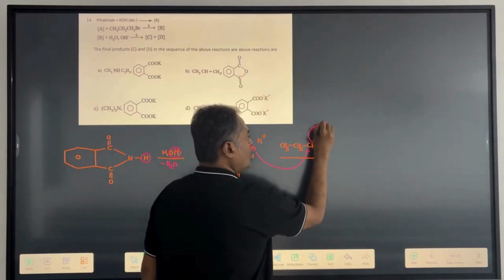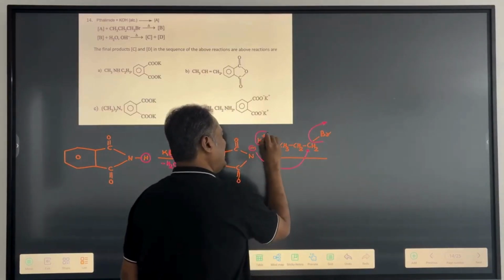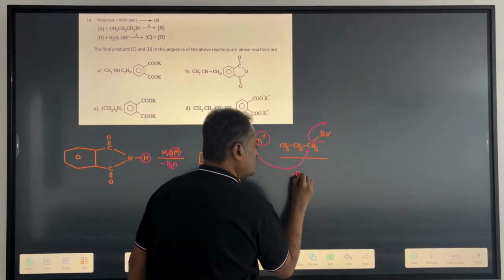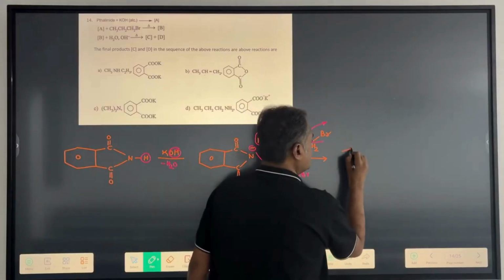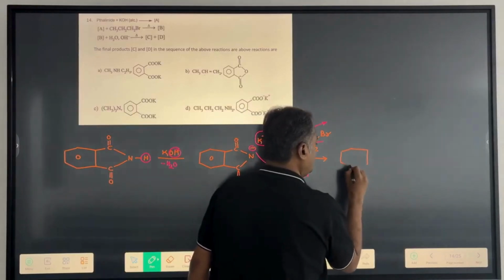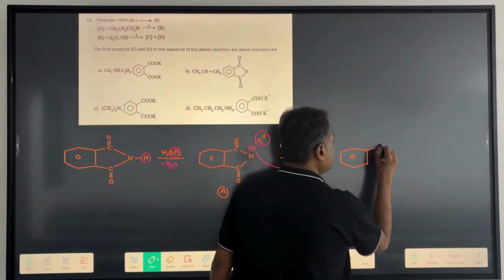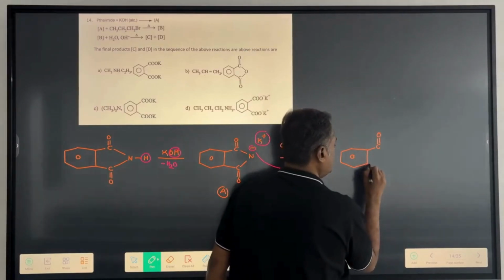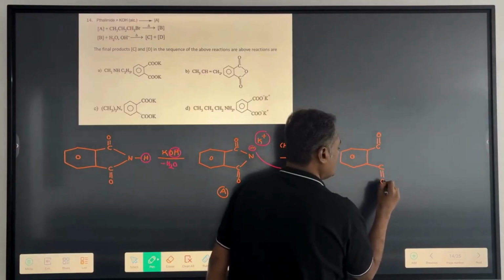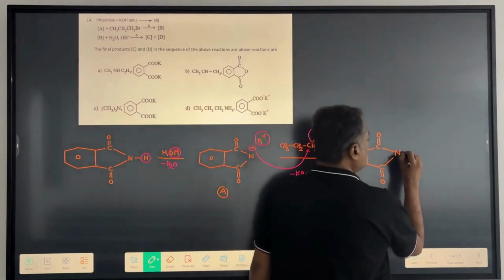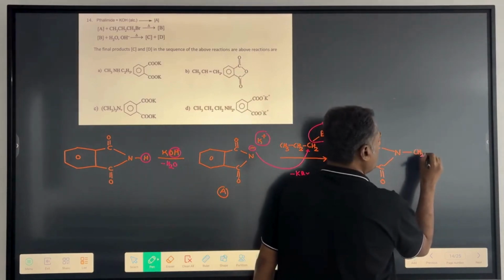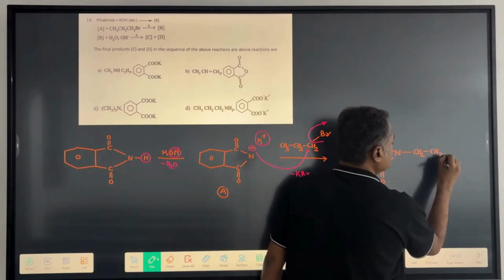This group will go out as a leaving group along with K. So, your KBr is lost, and the product obtained in this case is your phthalimide part, where there is a carbonyl group, having N, and over here, child, you have got the N-propyl part attached.